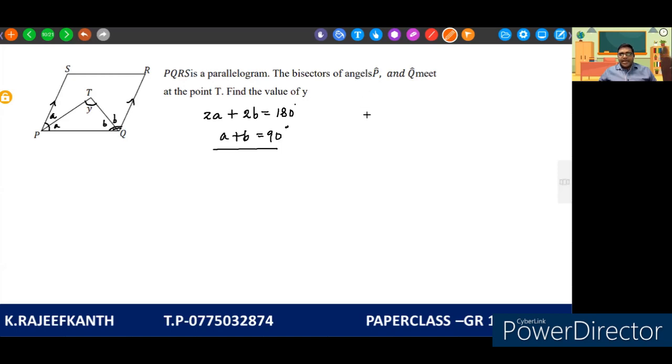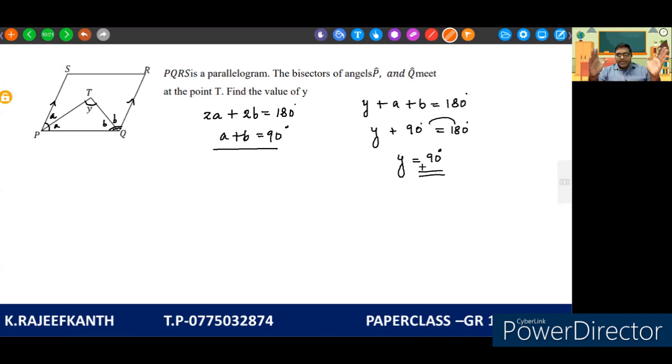So we know that the sum of those three interior angles is equal to 180 degrees. Then Y plus A plus B, which is 90 degrees, is equal to 180 degrees. Then Y is equal to, we have to subtract 90 from 180, then 90 degrees. Then the value of Y is equal to 90 degrees.